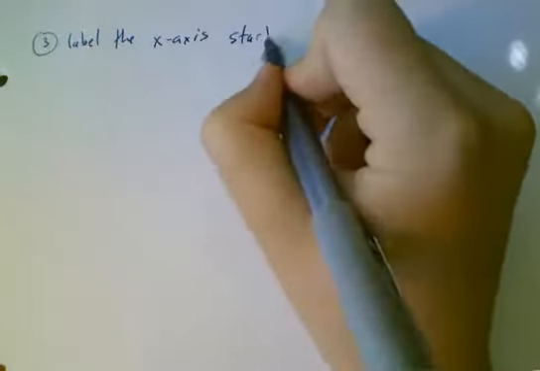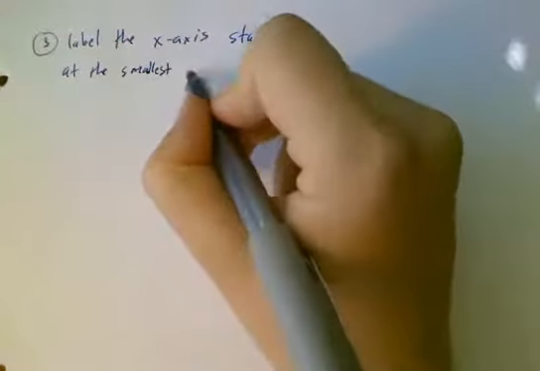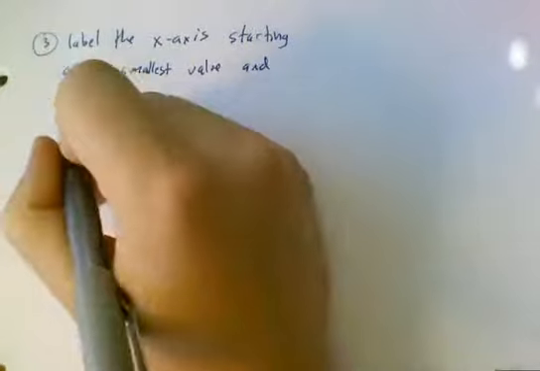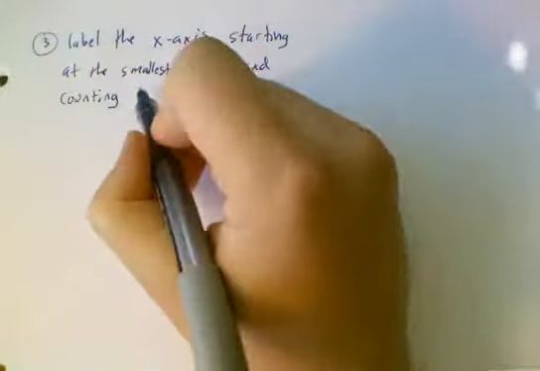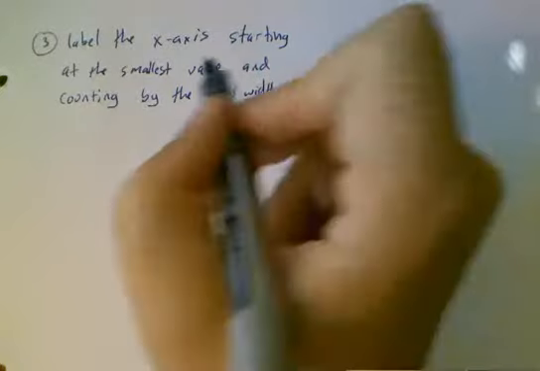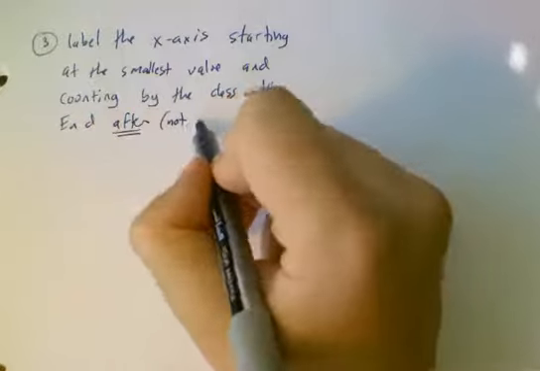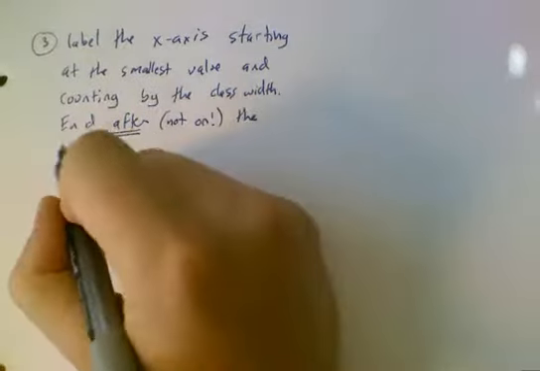Okay, next thing that's going to happen: label the x-axis starting at the smallest value and counting by the class width, and after, not on, the largest value.